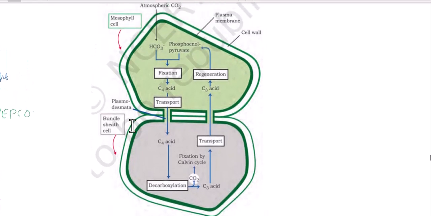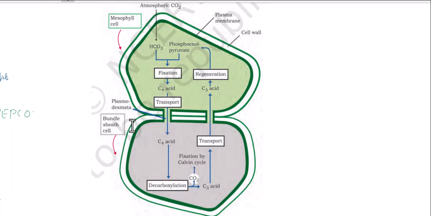This is the diagram given in our NCERT. Here carbon dioxide enters in the form of carbonic acid, PEP combines with that, and fixation occurs, forming C4 acid. C4 acid is actually oxaloacetic acid and malic acid, transported here into the bundle sheath.